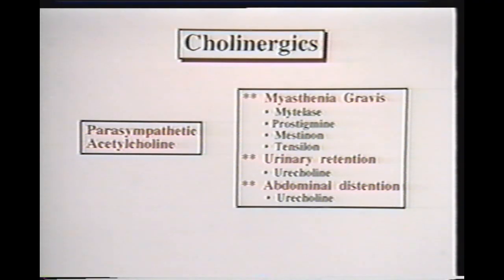If you get post-op and the GI tract isn't, peristalsis hasn't returned very well, urecholine could be used. It can also be used to treat urinary retention. We also see cholinergic drugs used in the treatment of myasthenia gravis. In myasthenia gravis, the problem is they don't have enough acetylcholine. So we give them a drug like Prostigmin.